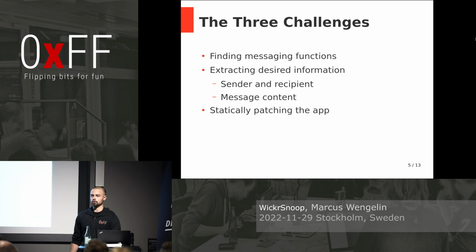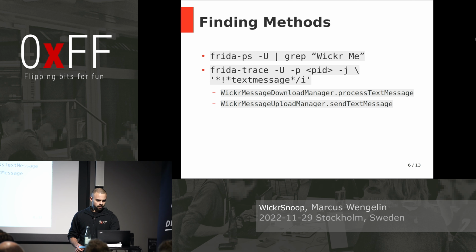And we also need to, in some static fashion, get this mod into the application. I will show how you can go from Frida to a static, fully patched application and how that workflow looks.